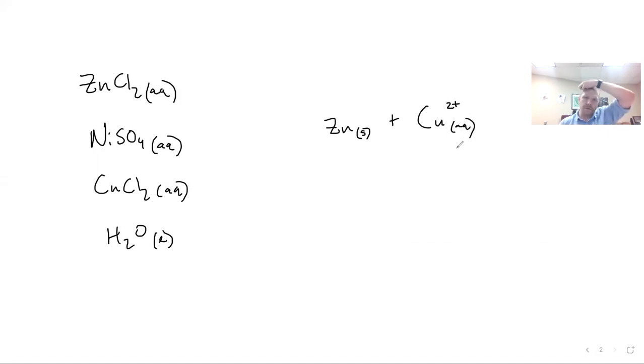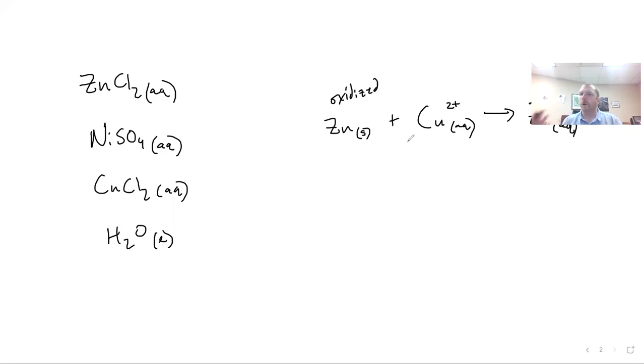If you mix those together, what's going to happen is zinc is going to lose electrons and copper is going to gain electrons. So your end result will look a little bit like this. Zn2+, and that would be aqueous. So zinc is losing electrons. Zinc is being oxidized.